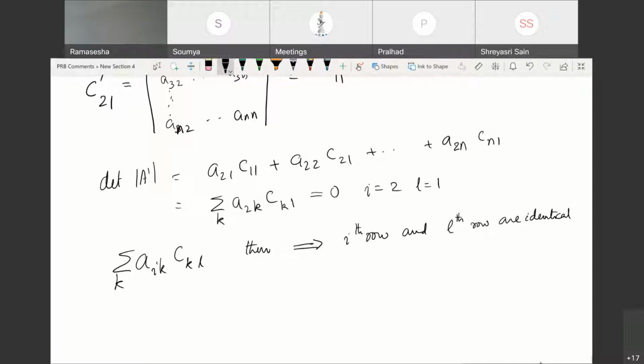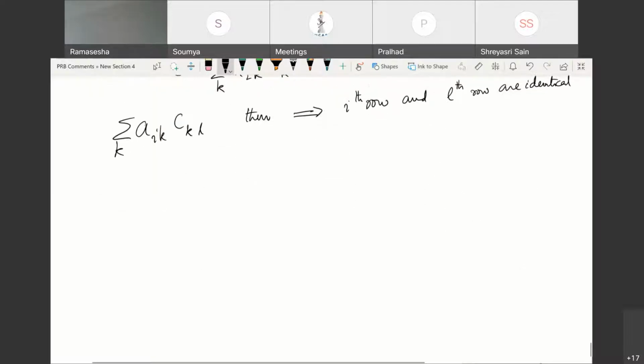So it has to be 0. That's the reason why you will always get this relationship that sigma over K of AIK CKL is delta IL times determinant D. Is it clear? Yes, sir. I can proceed? Yes, sir.